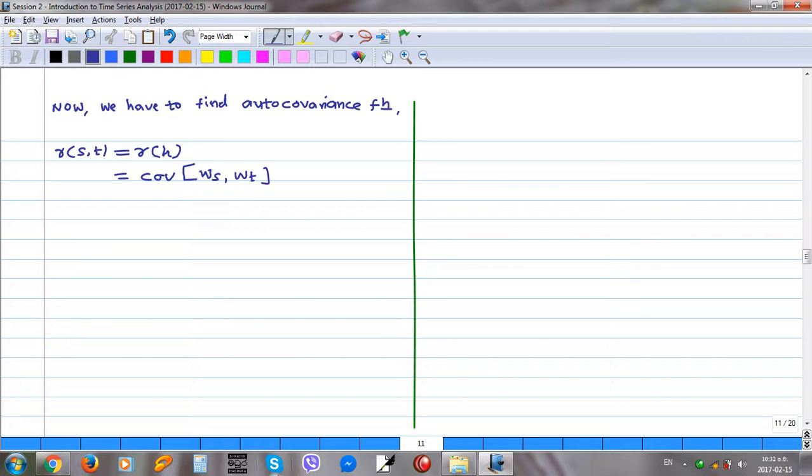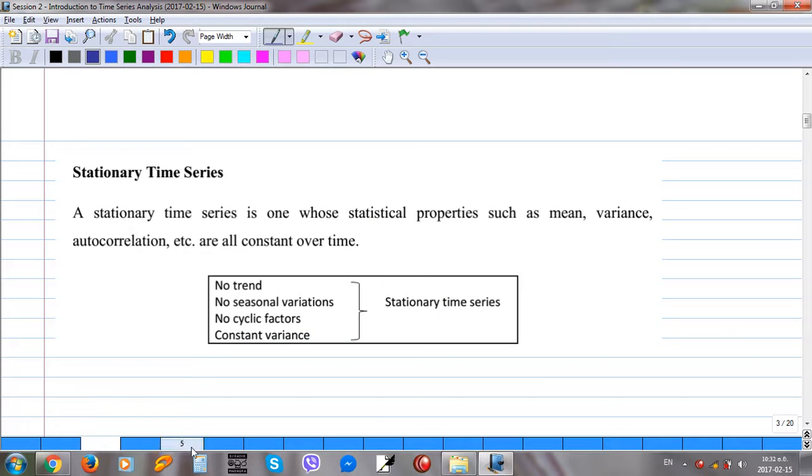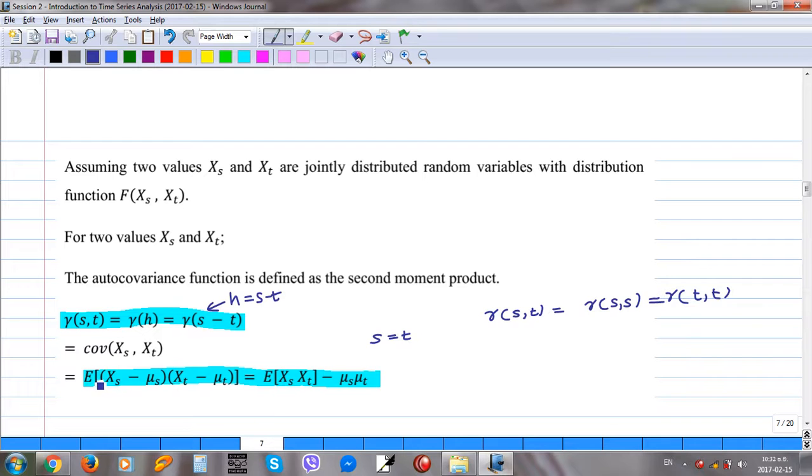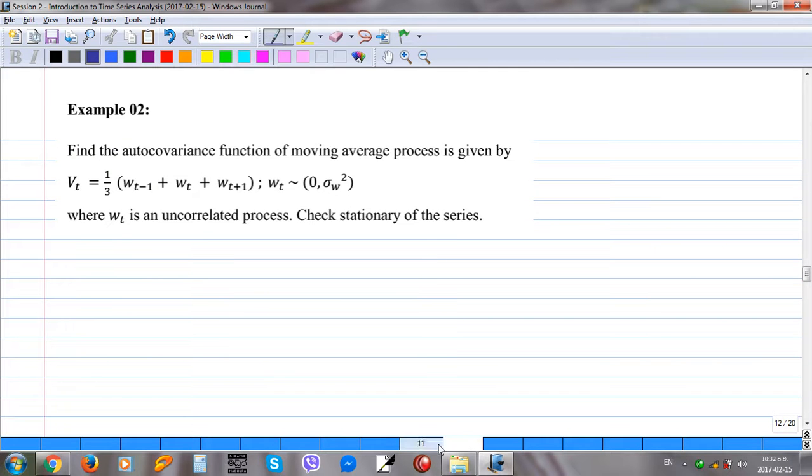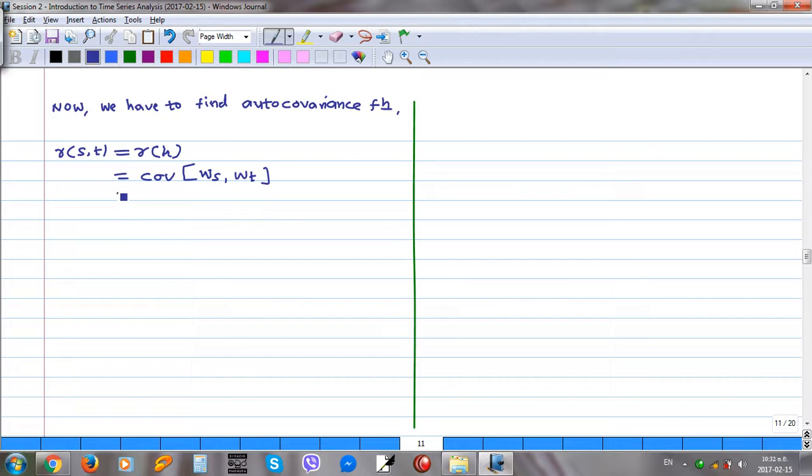Then according to this we can write expectation of (w s minus mu s) times (w t minus mu t).